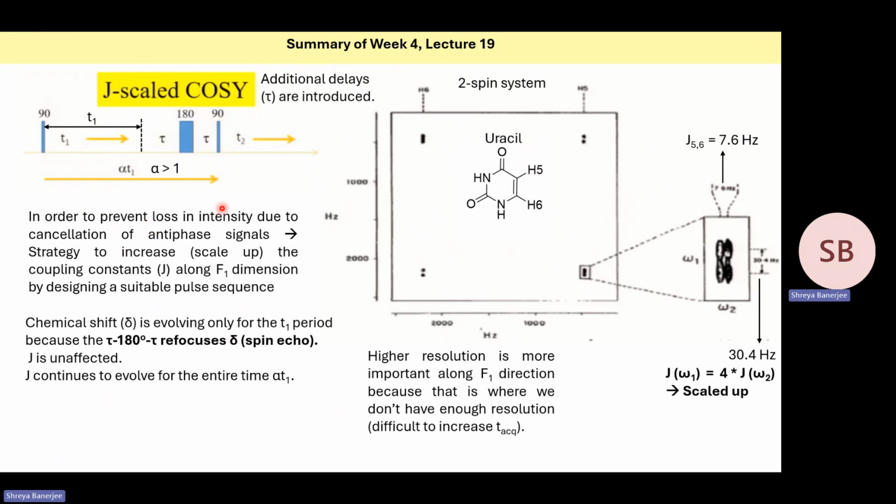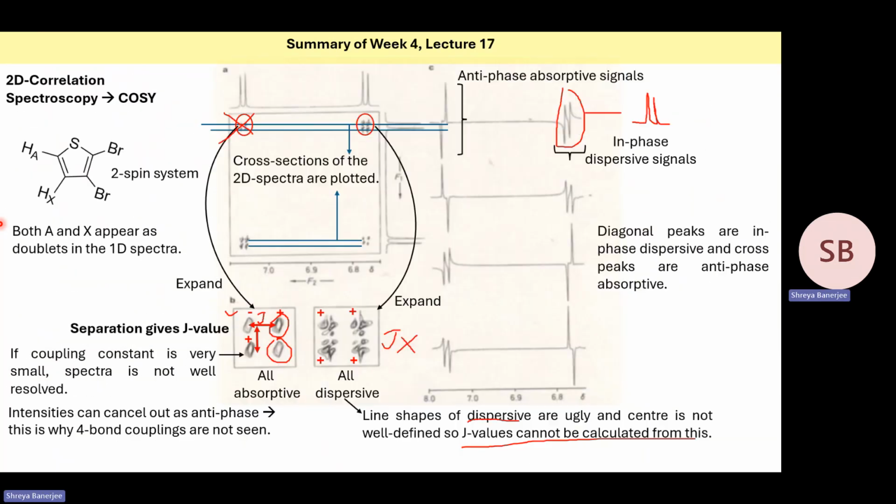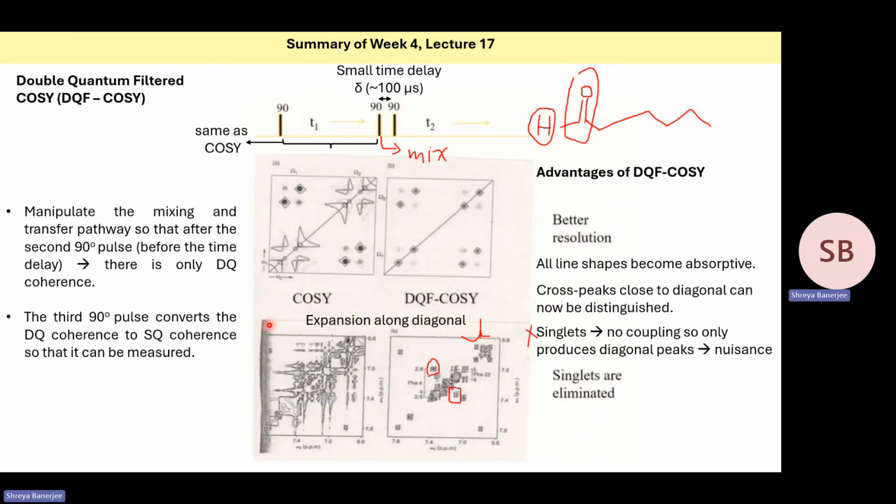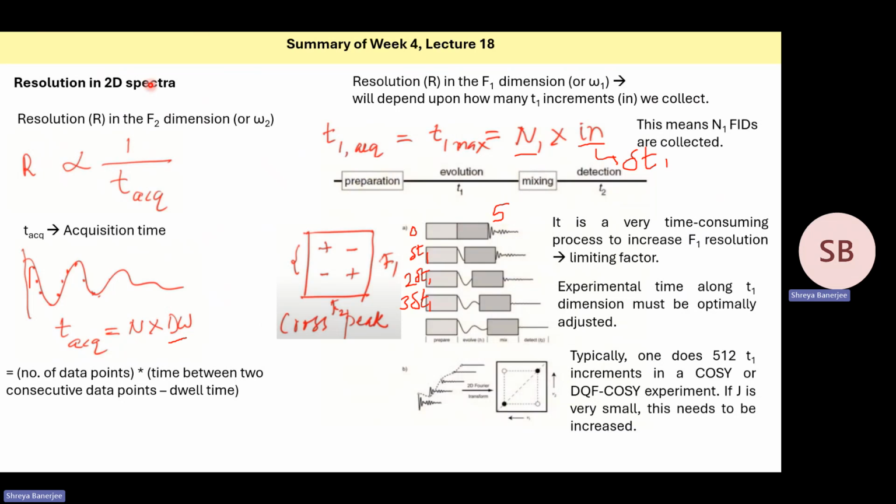The thing is that in order to prevent loss in intensity due to cancellation of antiphase signals, our strategy is to scale up the coupling constant along the F1 dimension by designing a suitable pulse sequence. We already saw that if the J value is small, the antiphase signal will cancel out and you will lose the cross peak. So we have to increase the J value, that is, increase the resolution. But increasing the resolution is easy along F2.